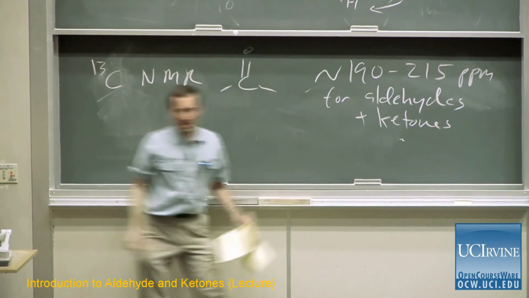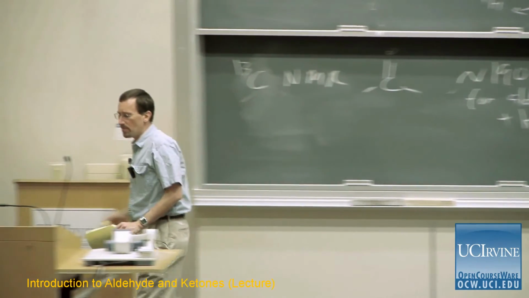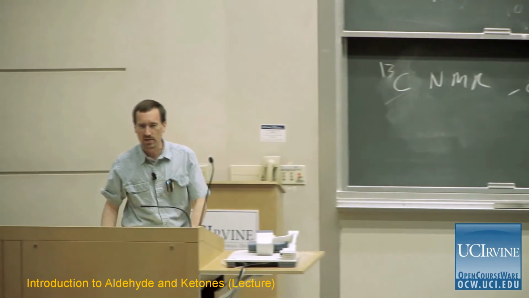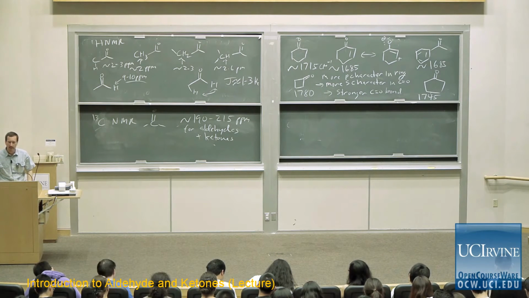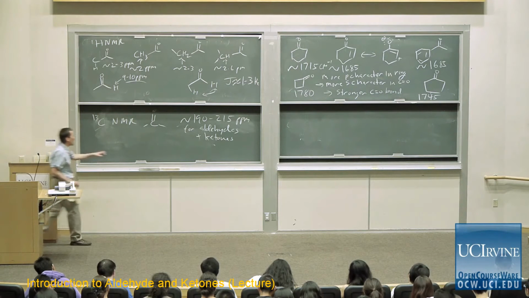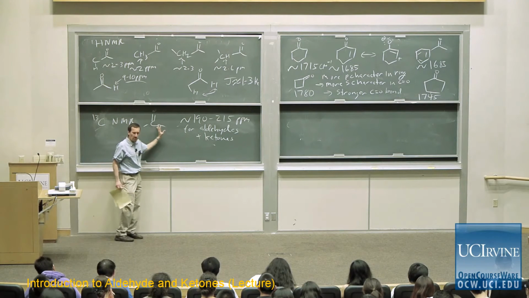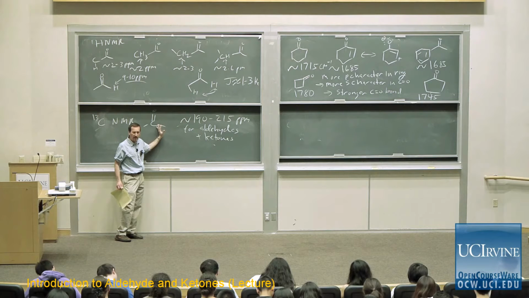The carbonyl of ketones tends to be a little bit more toward the downfield end, toward 210, 215. The carbonyl carbon of aldehydes tends to be a little bit more toward the upfield end, maybe 195 being a typical value for aldehydes.